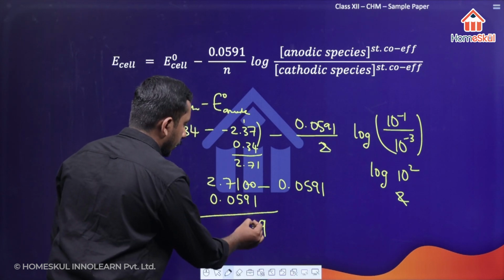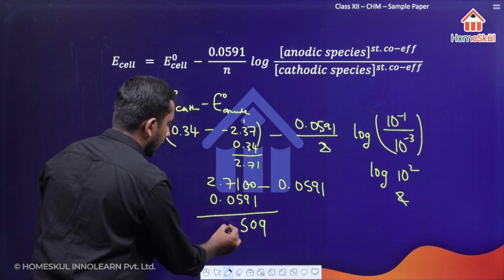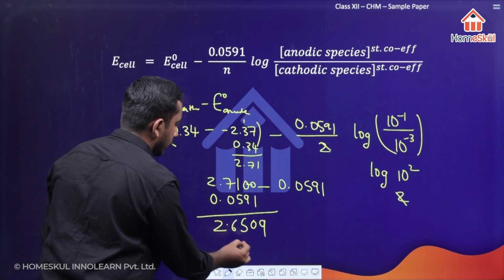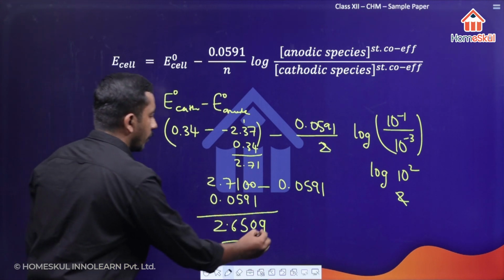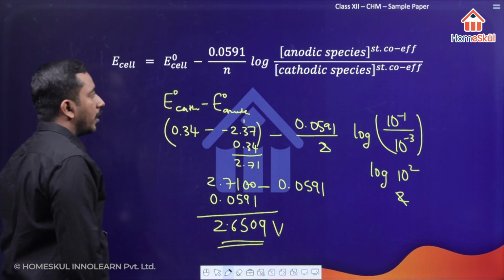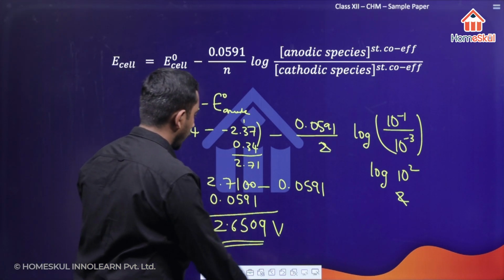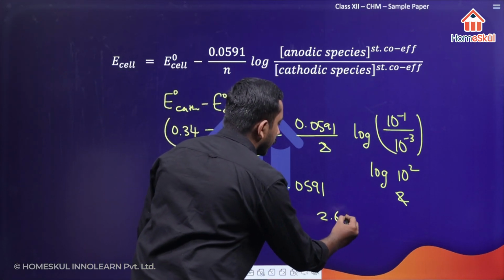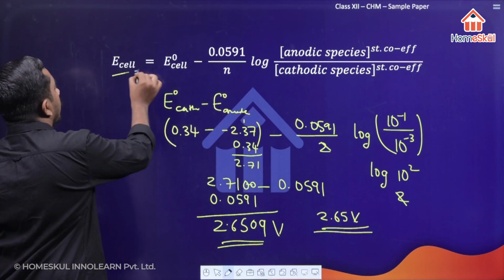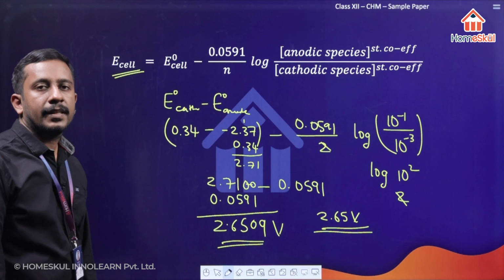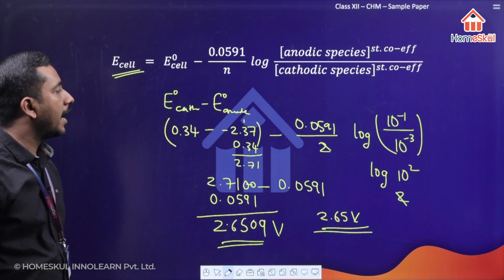That is 2.6509 volt, but we need to write the answer in only 2 decimal places, so we can round off this value to 2.65 volt. So that will be the potential of the electrochemical cell that is formed here. The answer will be 2.65 volt. So that is our answer.